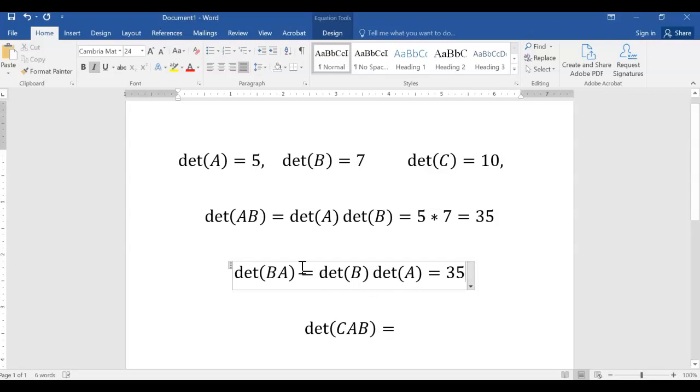All right, so A times B and B times A have to have the same determinant.